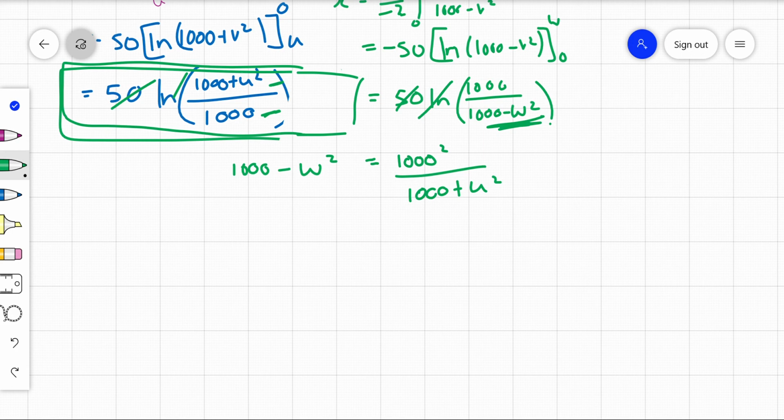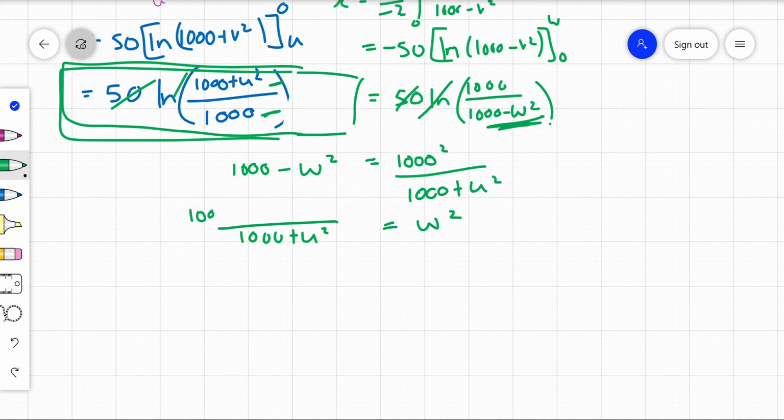You can see it kind of looks close. If I put the w squared on that side, and so I'm subtracting this one, I'm going to make a common denominator. So really I'm doing 1,000 minus that 1,000 squared on blah, blah. So what am I going to have here?